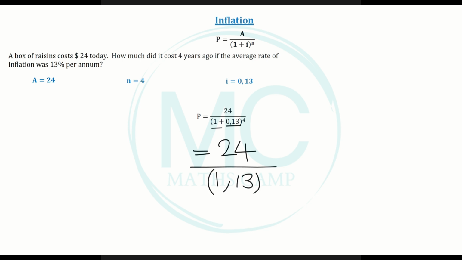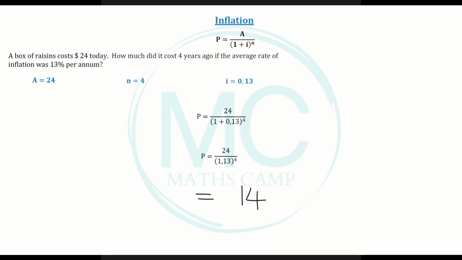Close our bracket, to the power of 4. Again, we can use our calculators, and we say 1.13 to the power of 4, and then we divide 24 by the denominator of the fraction, and we'll get an answer of $14.72 rounded to 2 decimal places.